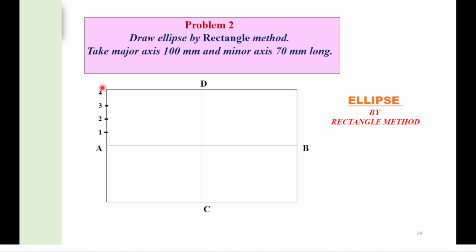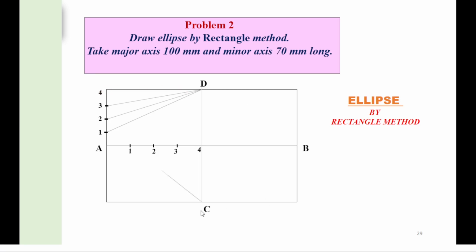Now we will divide the line from A towards the right till the center line into 4 parts again. Likewise, vertical 4 parts, horizontal also 4 parts. Now we will name them 1, 2, 3, or 1 dash, 2 dash. We are now joining point number 1 to D, likewise point 2 to D, point 3 to D, and point number 4 is already joined with D.